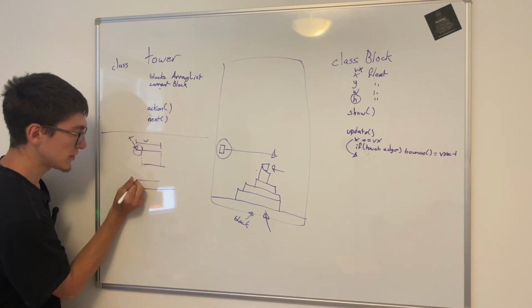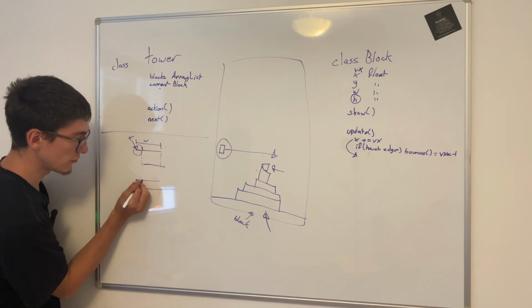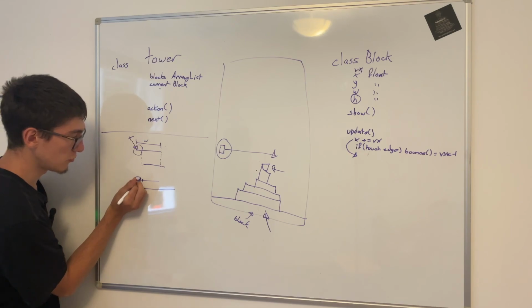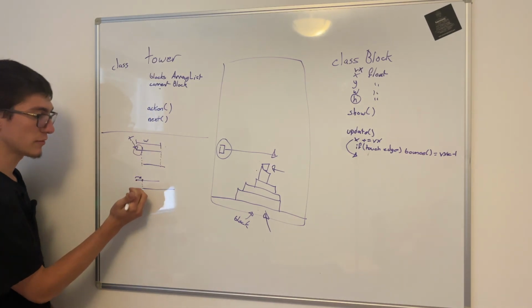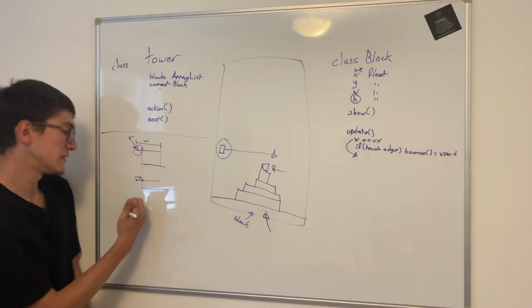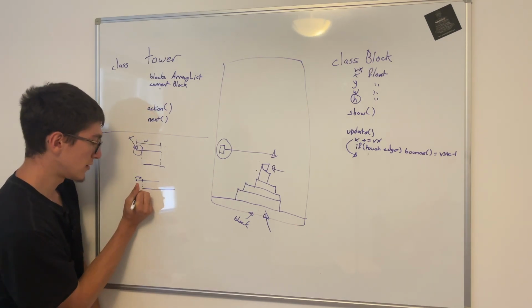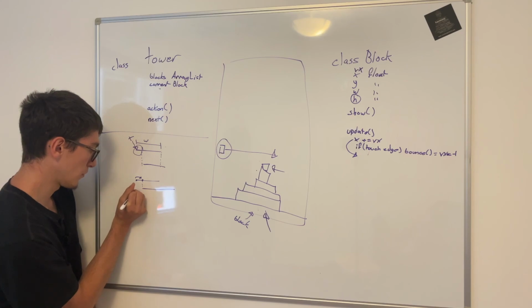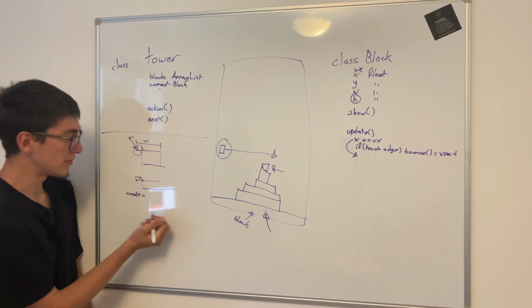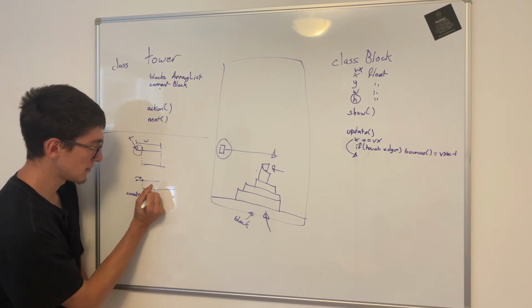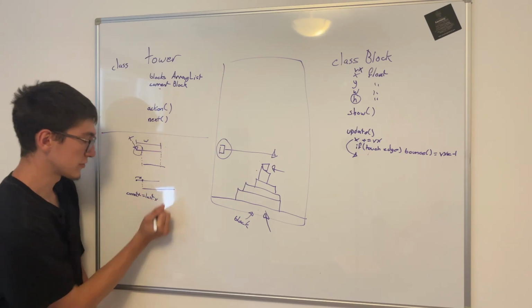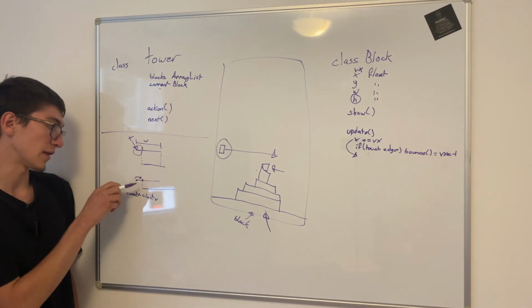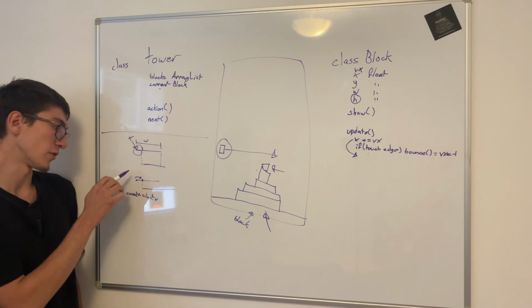This point over here needs to be moved over here. So we need to move the X to this point. That's easy. That's basically saying that the X of current is now equal to the last dot X, so this X is the new X for the one on top.